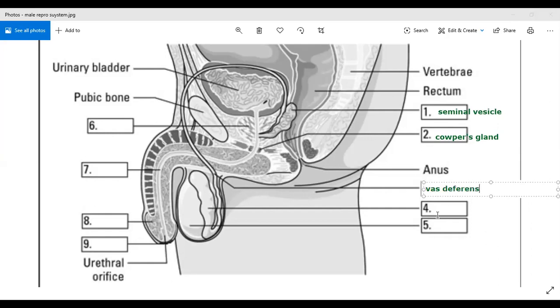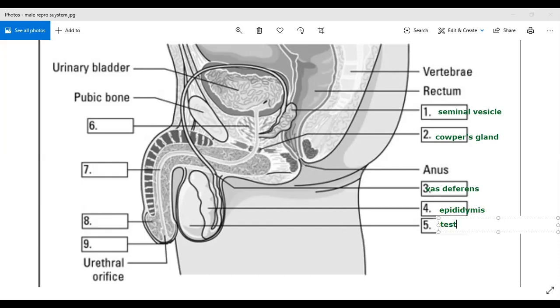Number 4, Ajani. All right, that one's a little bit tricky for you, but try it though. I had the epididymis. It is the epididymis. Yes, it is. Number 5, Christoph. The testis.